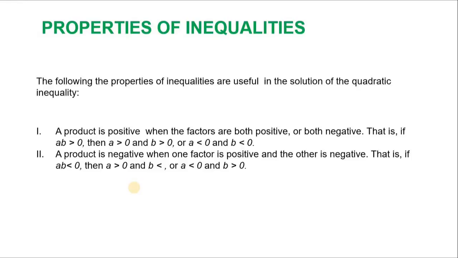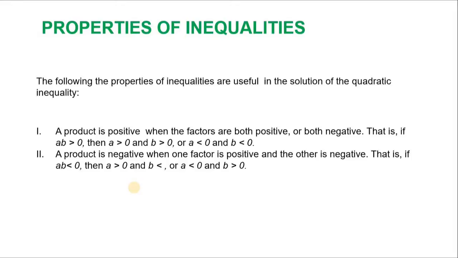So, that is if a times b is greater than 0, then a is greater than 0 and b is greater than 0. So, pag greater than 0, it means positive. So, positive times positive is positive. Right? Or, a is less than 0 and b is less than 0. So, less than 0 is the negative number.